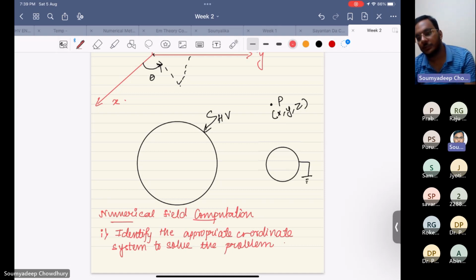First, the first and foremost step is based on the geometry. You need to identify which one out of Cartesian, cylindrical, or spherical is the most appropriate coordinate system to solve my problem in hand. Okay.